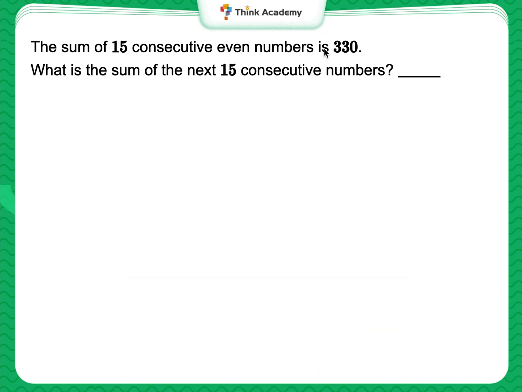And we definitely know that the median is going to be the middle term, right? So the middle number of 15 numbers is going to be the 8th number. So we can say that the 8th number is equal to 330 divided by 15. Of course, that's the inverse calculation to find the median, and that's going to be 22.